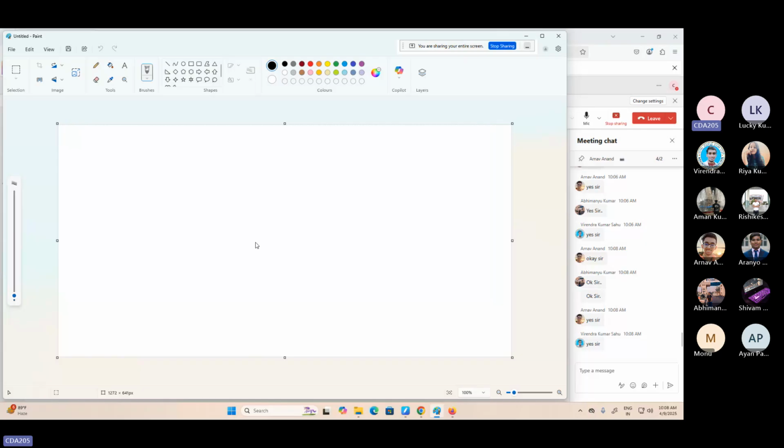Now we can see the confusion matrix for multi-class. So we can see we have the three animals, that is dog, cat, and lion. This is prediction, and this is actual.